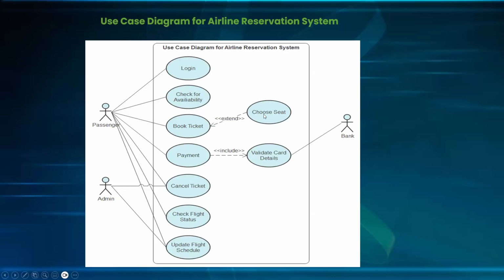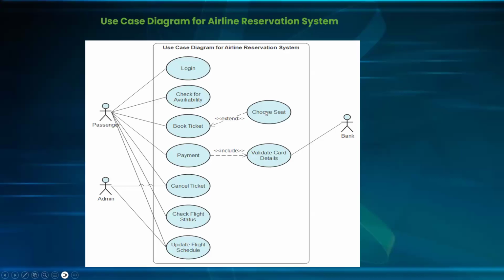The system automatically prompts the passenger to choose a seat. So now the passenger might decide to choose the seat or not to choose the seat. That means the passenger can book the ticket without choosing a seat.